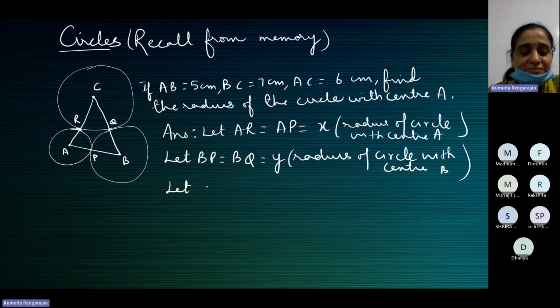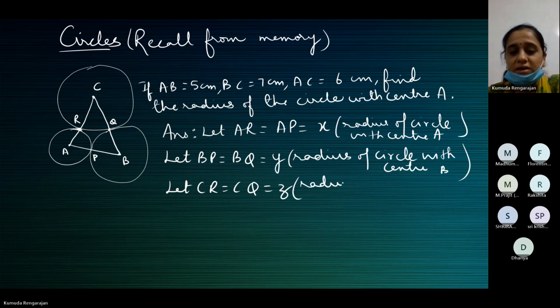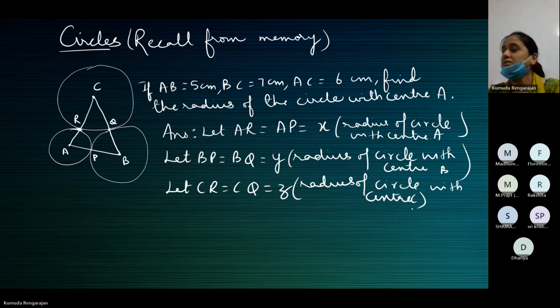Let, so right start, Danya, very good. BQ here also Ritika has done it correctly. BQ is Y and then CR is equal to CQ is equal to Z, radius of circle with center C. Correct, Raja?